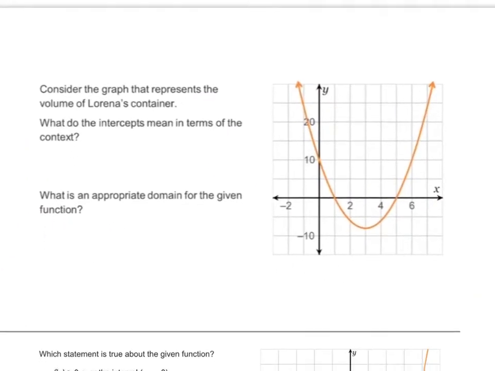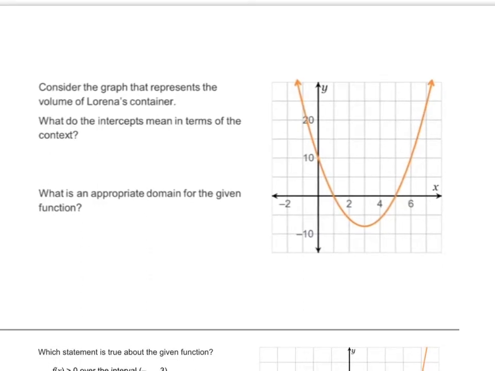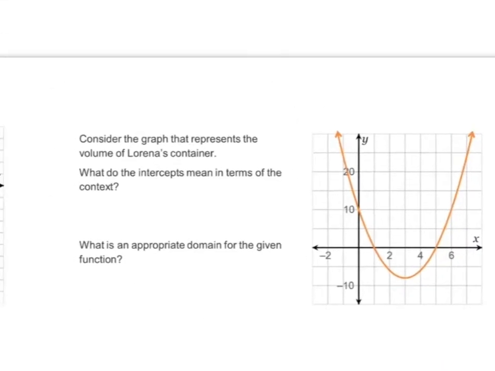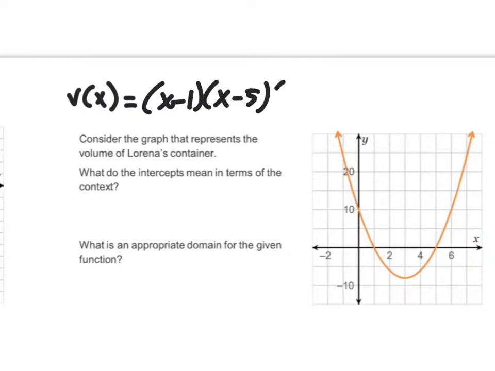Let's take a look over here. Consider the graph that represents the volume of Lorena's container. This is from the problem before, where you had that function from the previous page, where v of x is equal to x minus 1 times x minus 5, all times 2.